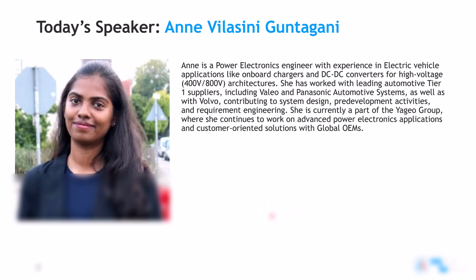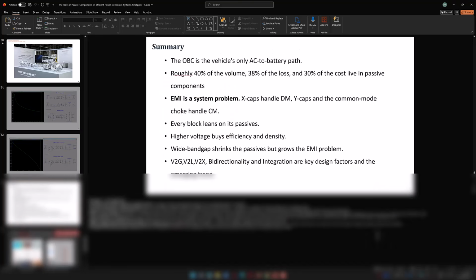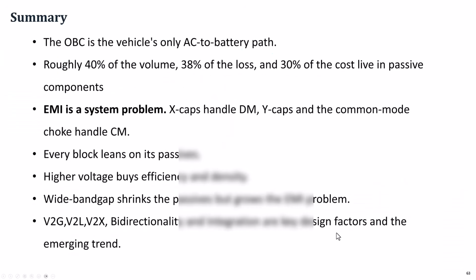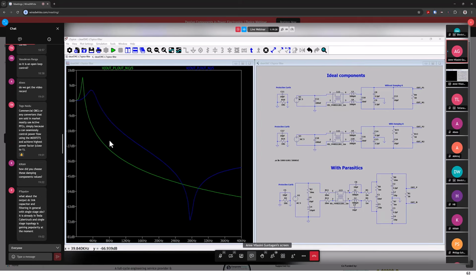You move to higher voltage and also to higher frequency, so you can gain some efficiency and also power density. When you go for wide band gap, you can operate at higher frequencies and shrink the size of the passives, but at the same time, it's increasing the EMI problem.